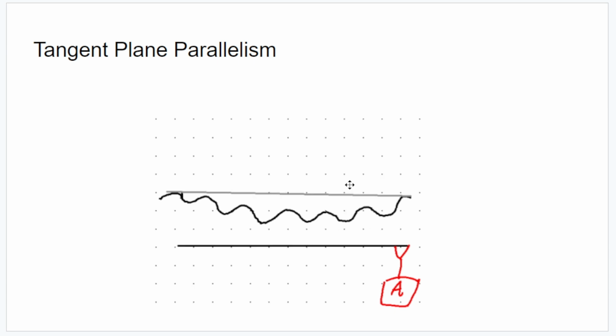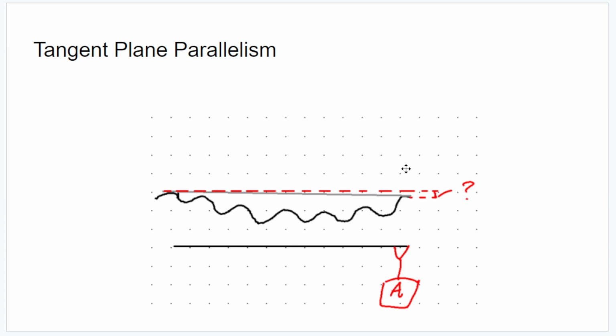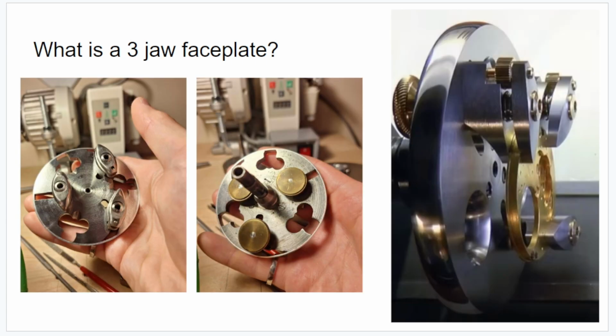So if we had measured it as a tangent plane parallelism, it actually would have measured reasonably good, but that is not how this works, right? This is not what the assembly is doing.